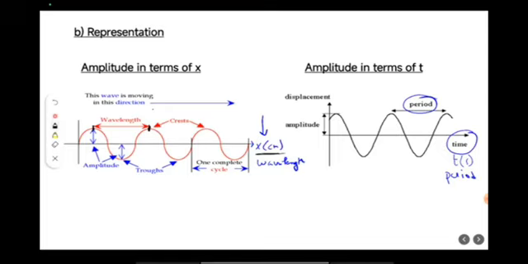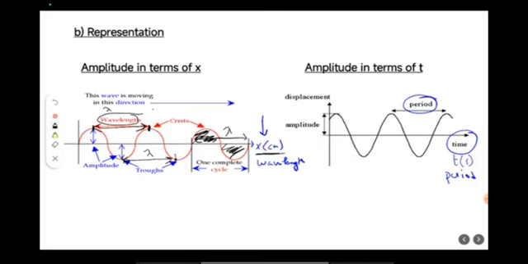Since it's x in centimeter, this value between the two crests is the wavelength, which is represented by lambda. Now, if we look between one trough and another, the distance between them is also the wavelength lambda. If we start from this point, half above the x-axis and half below the x-axis, or half above the equilibrium position and half below the equilibrium position, this is the wavelength lambda.